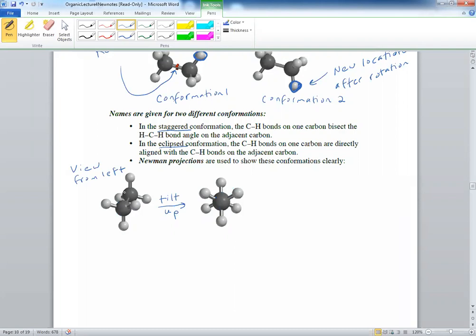And the back carbon right there is actually no longer seen. It's kind of hidden. So let's actually write this down. This back carbon is right there in the back, but it's hidden.